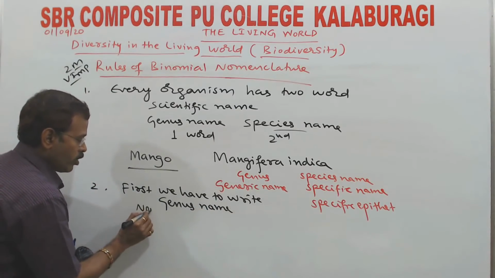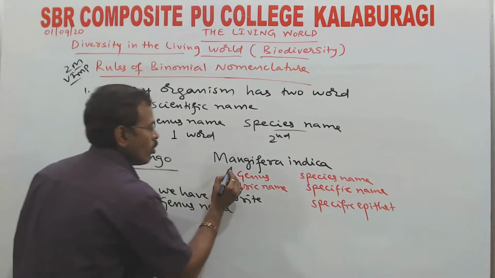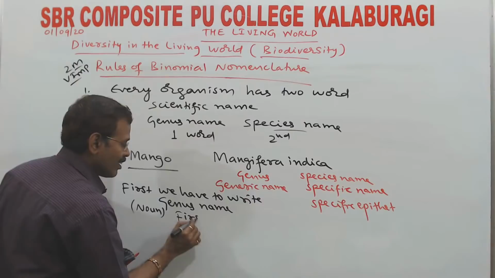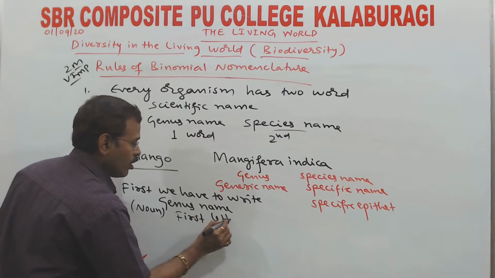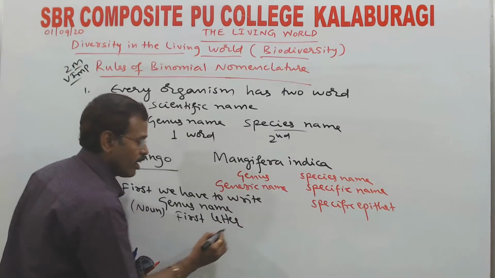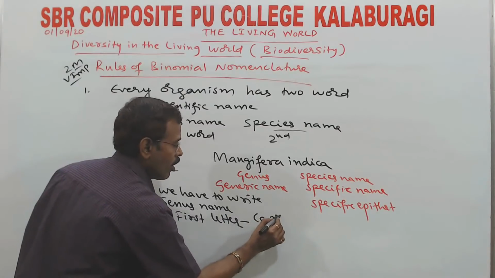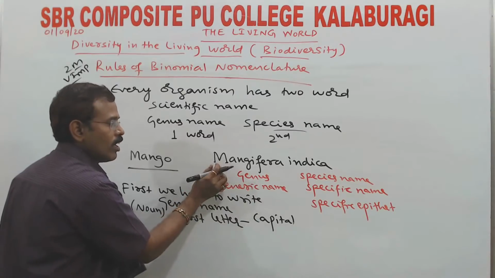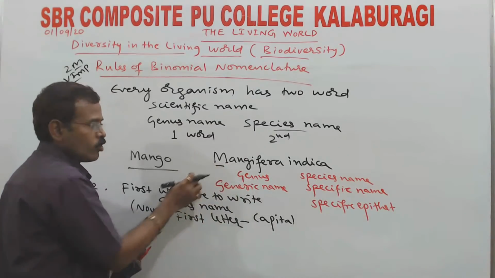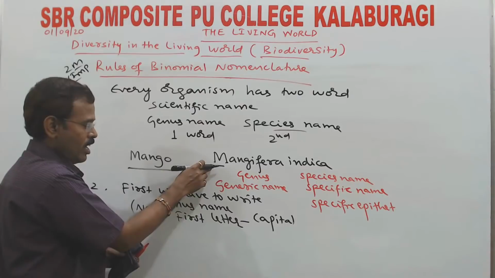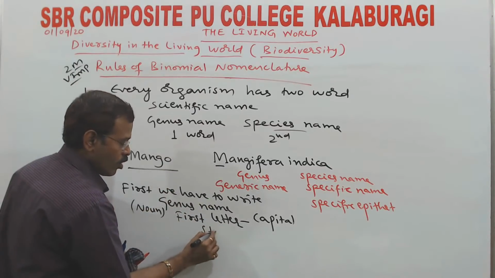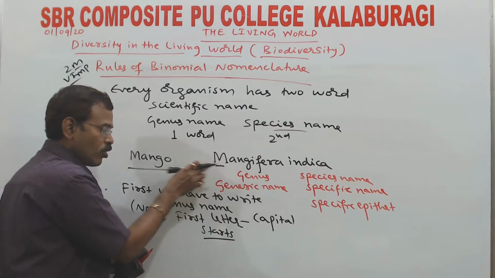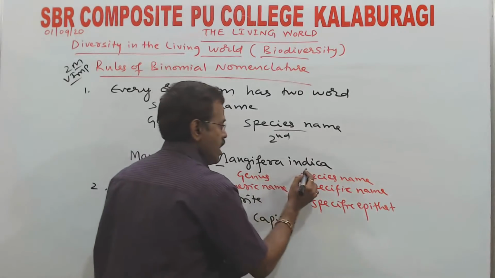Genus is compared to a noun. The first letter of the genus name, or generic name, should be capital. It should begin with a capital letter. The genus name should be written first.